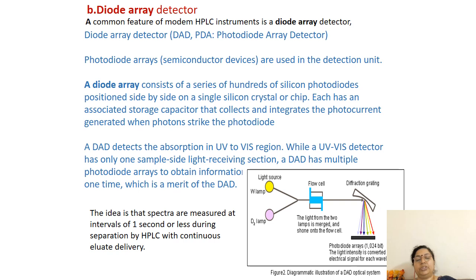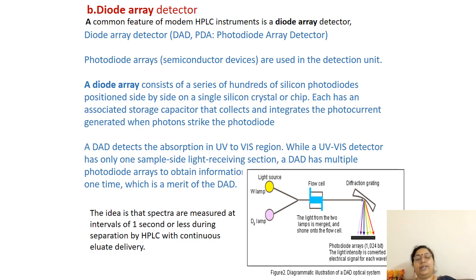So, in this picture, you can see how a diode array detector works. Unlike the UV detector, here you can see the light from both the light sources, that is from the tungsten lamp and deuterium lamp, is passing through the flow cell, and the diffraction grating is placed next to the flow cell.